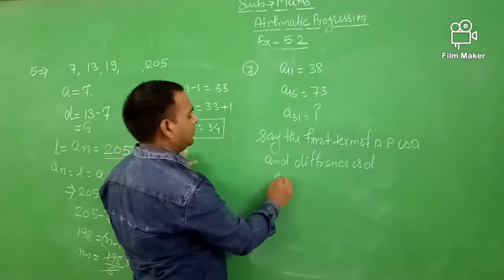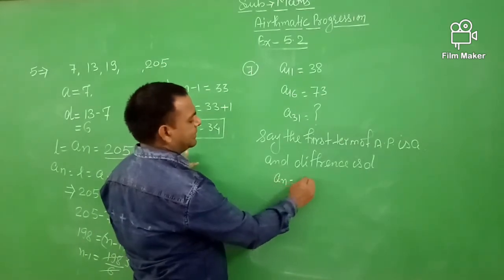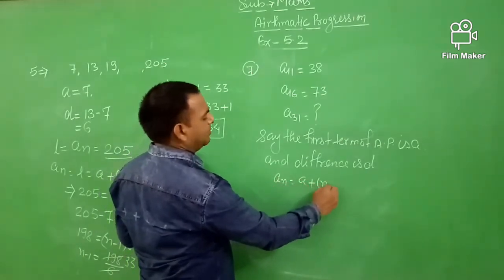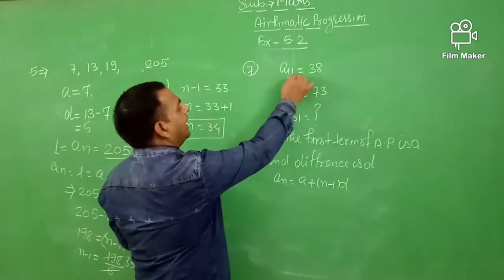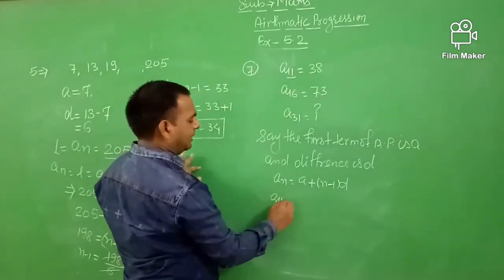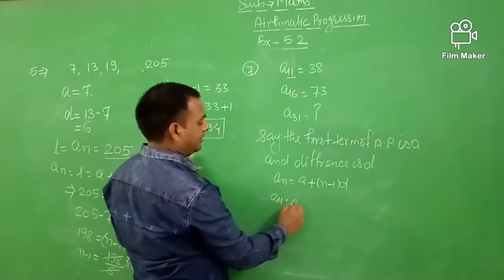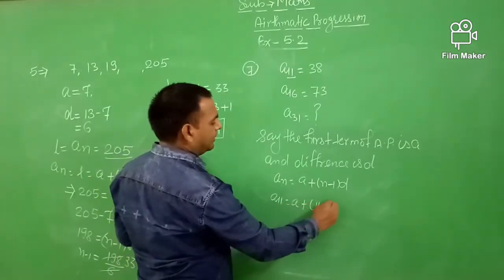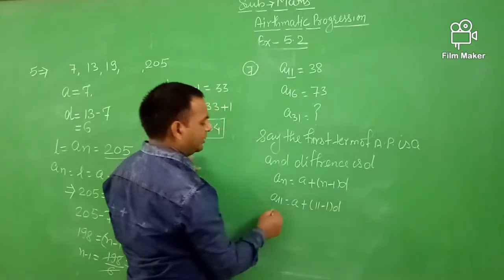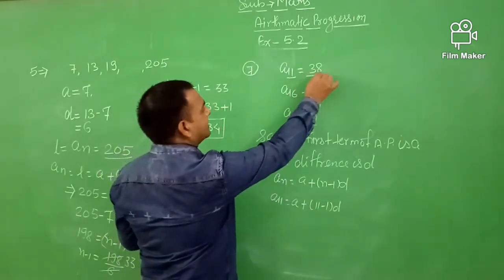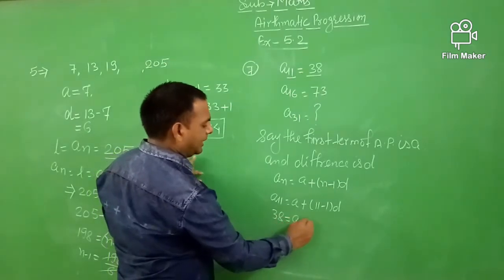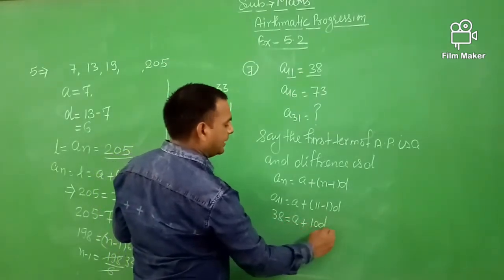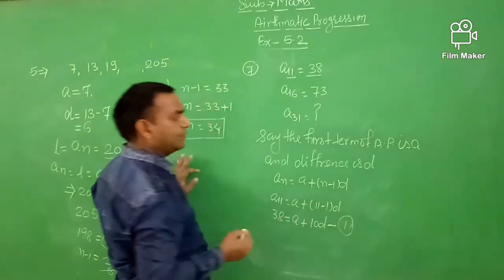So here you apply the formula: an is equal to a plus n minus 1 into d. Here you find the 11th term. So a11 is equal to a plus 11 minus 1 into d. The value of a11 is given, it is 38. So 38 is equal to a plus 10d. This is equation number first.